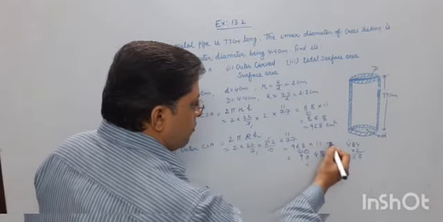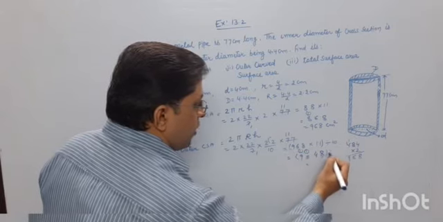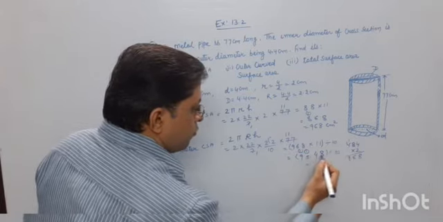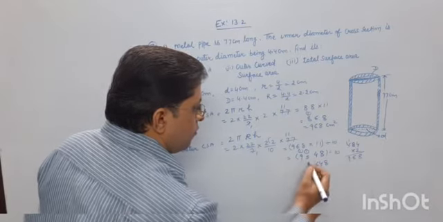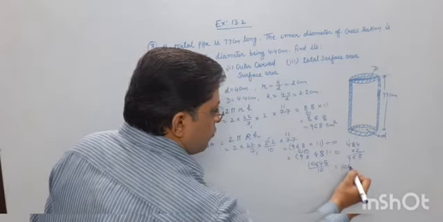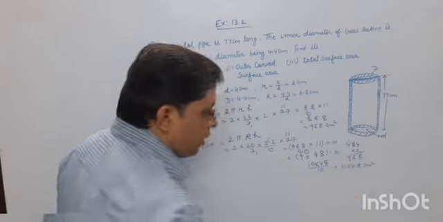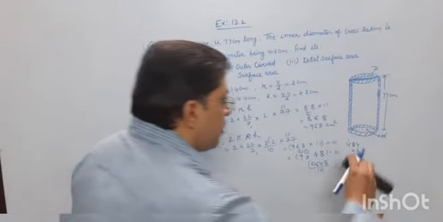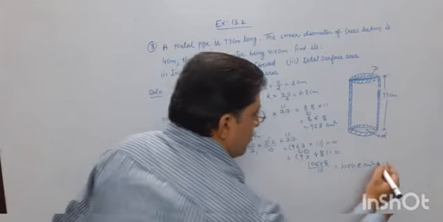And divide by 10 is there only, no? Divide by 10. So what will be? 8, 4, 6 and 1 0. Divide by 10. So 1064.8 centimeter square. Okay. So this is your answer.